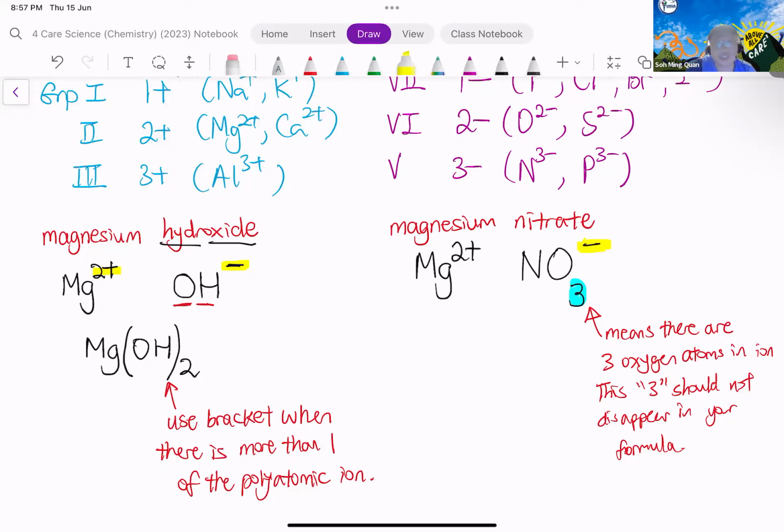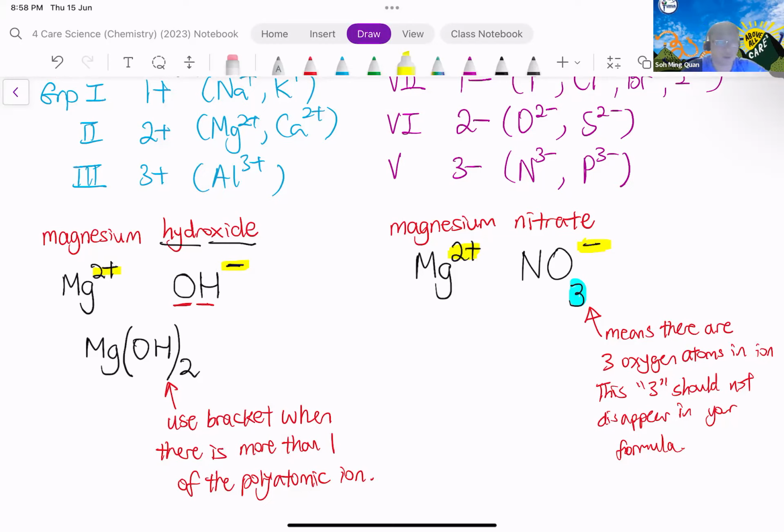The charge itself is just on top, right? The charge is always on top. The charge is 1 minus. The 1 is usually omitted, but from this we know the charge on nitrate is 1 minus. That means the nitrogen and oxygen are covalently bonded together. The whole molecule has a -1 charge. So nitrate only -1, but magnesium again 2+.